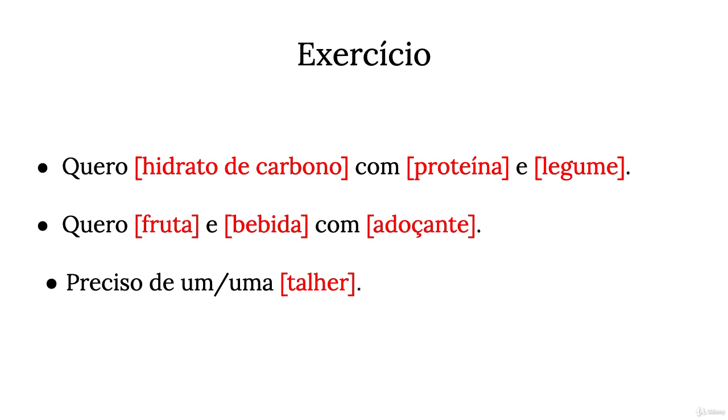Okay, time for a simple exercise. In this one, you just have to replace the categories in red for a real option. Okay? Can we start? You've done this before. Quero, the carbohydrate. Com, protein. E, vegetable.